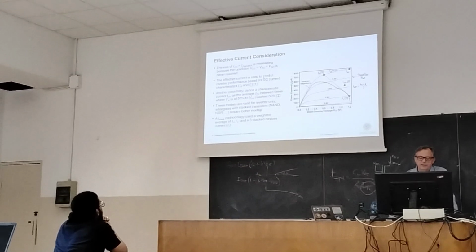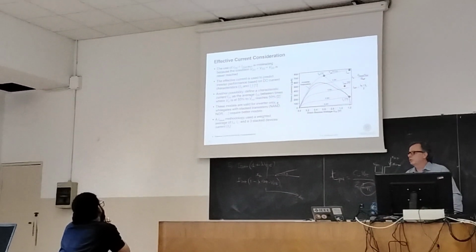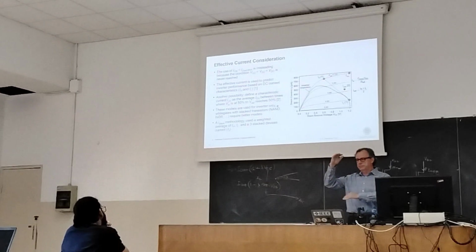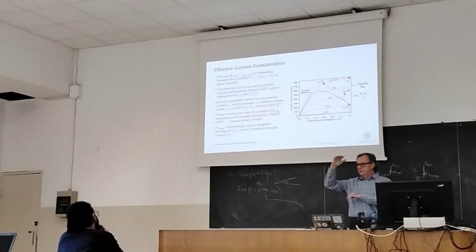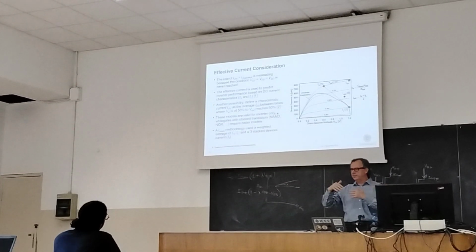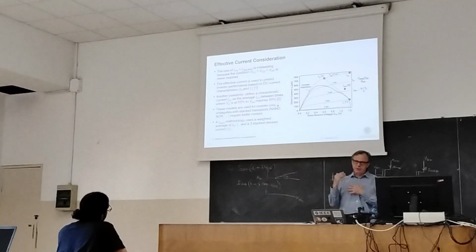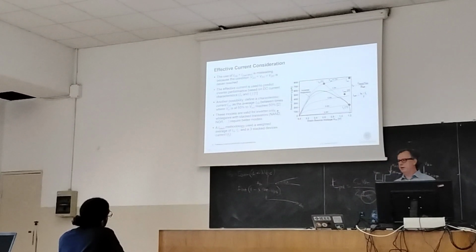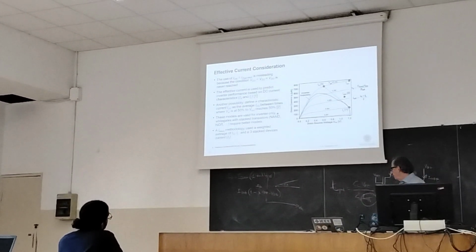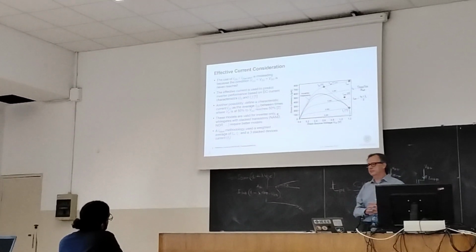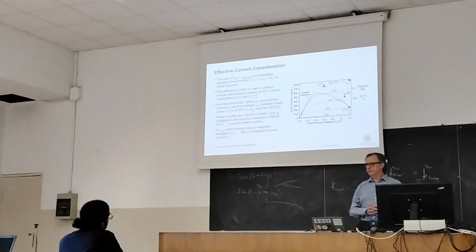So there are different methodologies. Also, when you have stacked devices like a NAND gate with 3 inputs, you find out that this is not true anymore, so you have to use a different current. There are people that come up with even more sophisticated models to calculate the effective current. But the good thing is that once you have the effective current, like the effective resistance, you remember the formula of effective resistance?